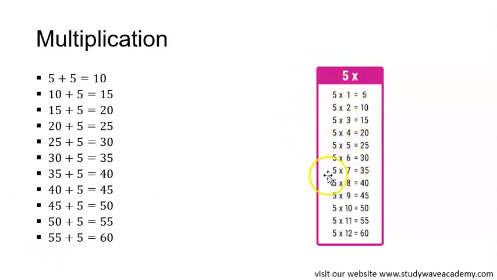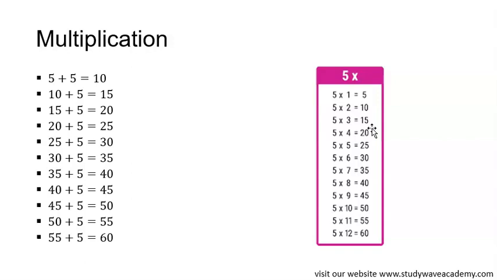This is 5 times table. 5 times 1, 5. 5 times 2, 10. 5 times 3, 15. 5 times 4, 20. 5 times 5, 25. 5 times 6, 30. 5 times 7, 35. 5 times 8, 40. 5 times 9, 45. 5 times 10, 50. 5 times 11, 55. 5 times 12, 60. Adding 5, 5, 5. Do you see the pattern?